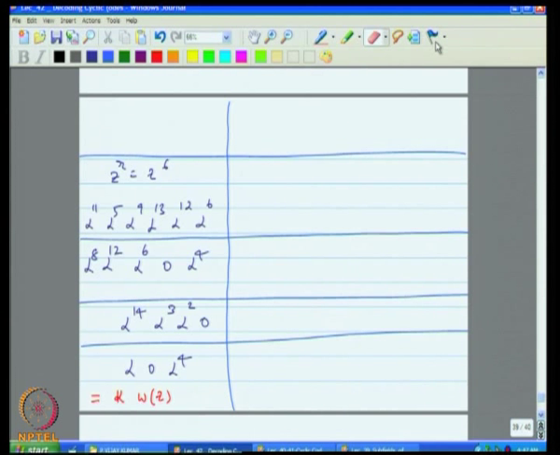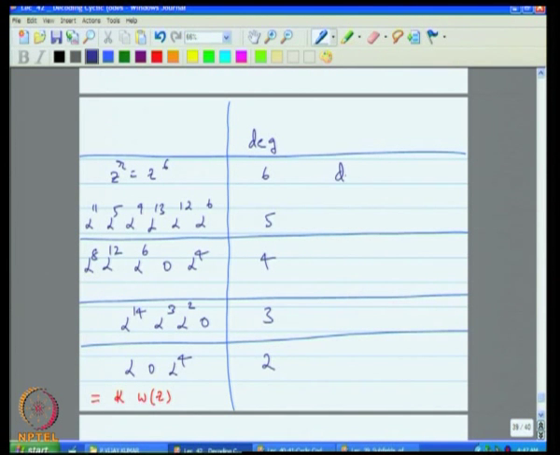So here, what's happening is that you are getting possible candidates for omega of z. Now let's keep track of the degree of these entries. This is 6, this is 5, this is 4, this is 3, this is 2.